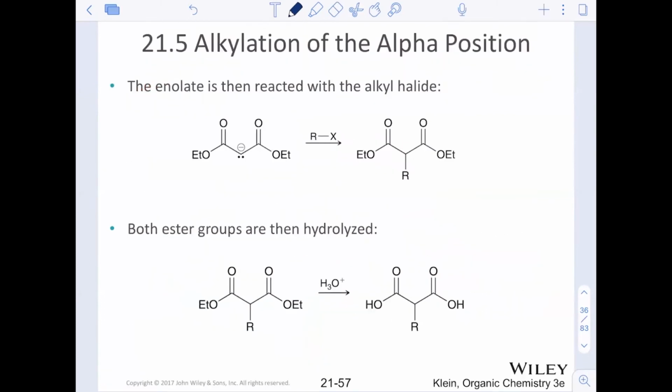So again, that enolate can then do an SN2 reaction. All of the SN2 conditions apply, right? And then in a third step, we use H3O plus to hydrolyze. This is a chapter 20 reaction where we are changing the ester groups to carboxylic acids.